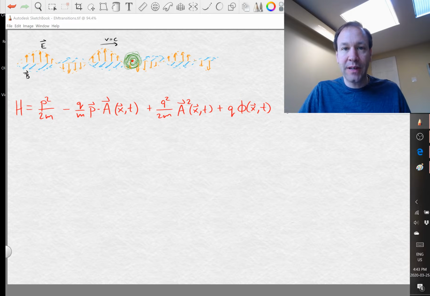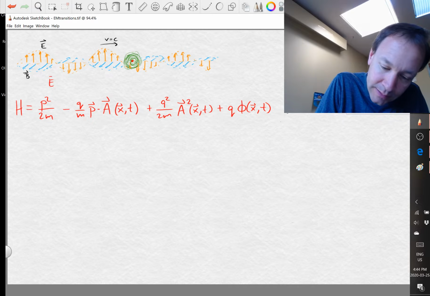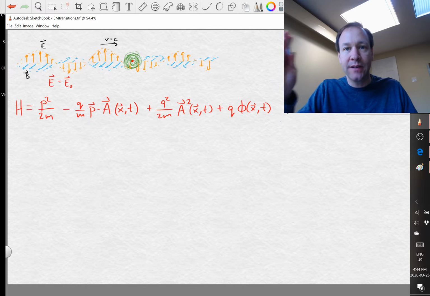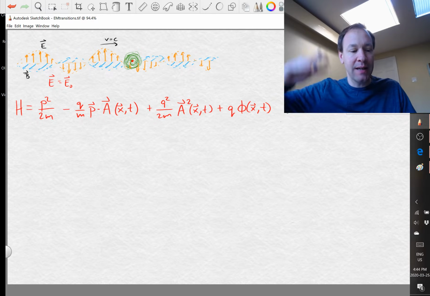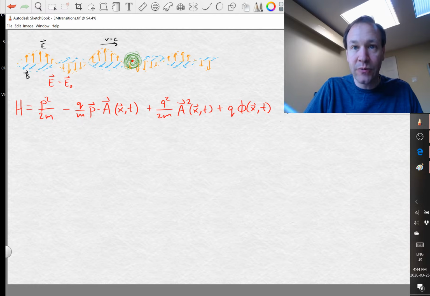And so we have electric and magnetic fields that we can write as E for the electric field. That's going to be some fixed vector that shows the direction and the magnitude of our electromagnetic field. So this is going to be some linearly polarized wave.